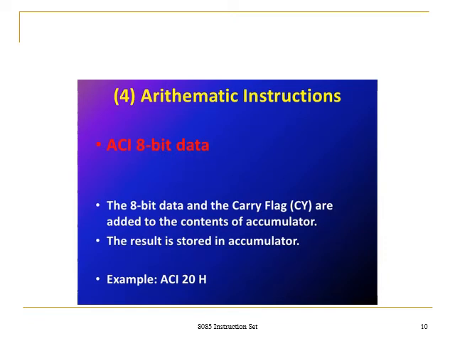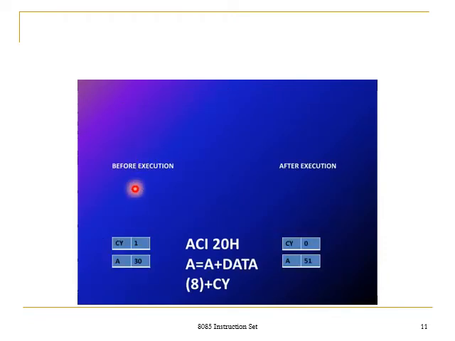Let us see an example for it. The example here is ACI 20, right? So what it is going to do is add this 8-bit data and the accumulator content along with the carry register content, the carry bit in the program status word.